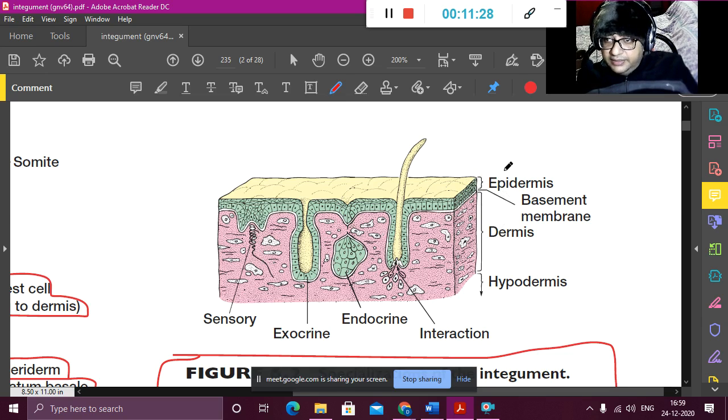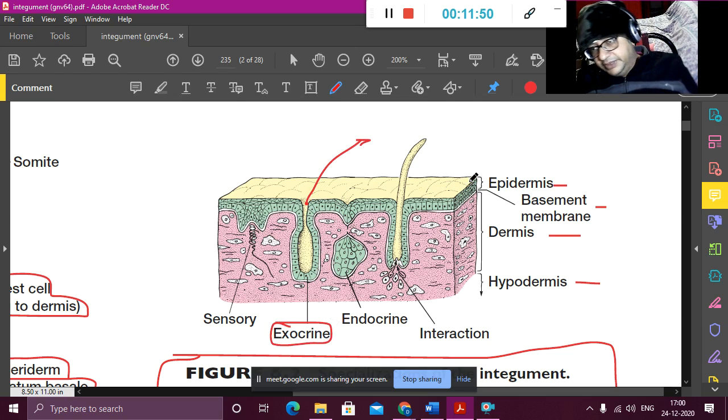Outer layer, we know that the outer layer is epidermis, below the epidermis the basement membrane, then dermis, below is the hypodermis. We are clear about these structures. Then on the epidermis you find exocrine glands which have a duct, and these ducts lead to the exterior from here. And you have endocrine glands which are present inside.